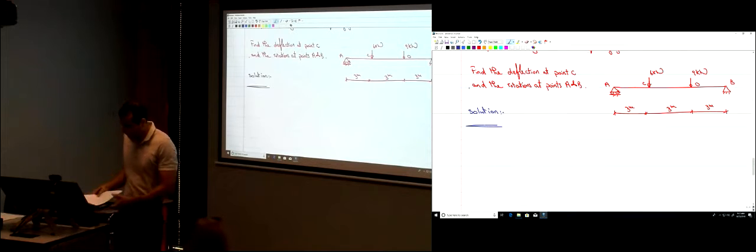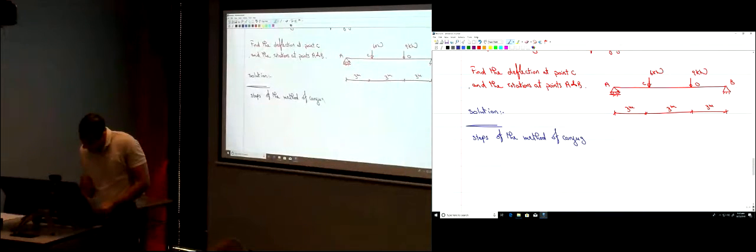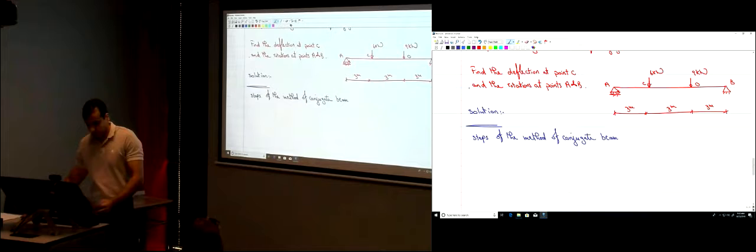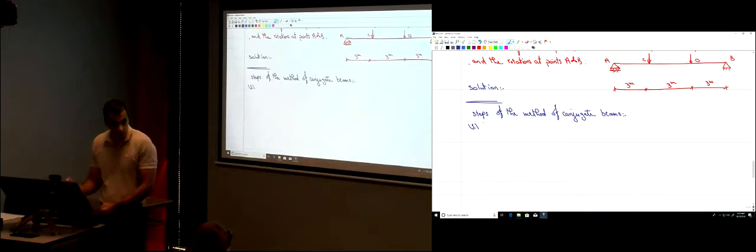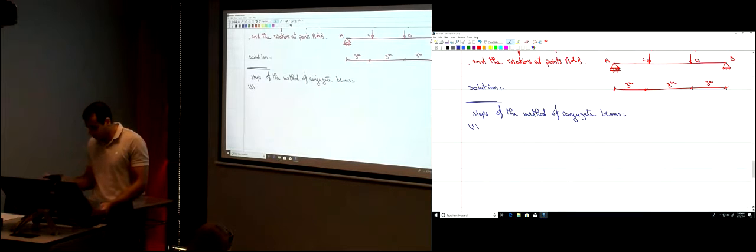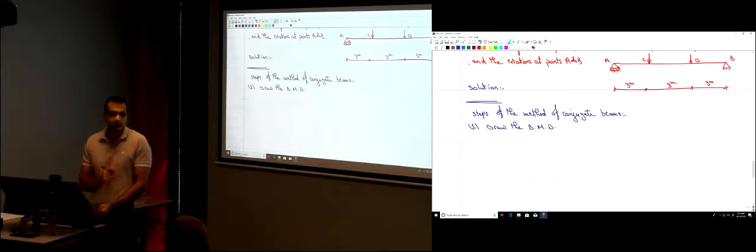So the steps of the method of conjugate beam to find the deflection or the rotation at given points on a given beam using the method of conjugate beam, first you have to draw the bending moment diagram, exactly like we did in the previous example.